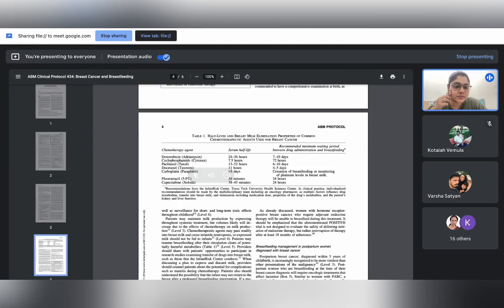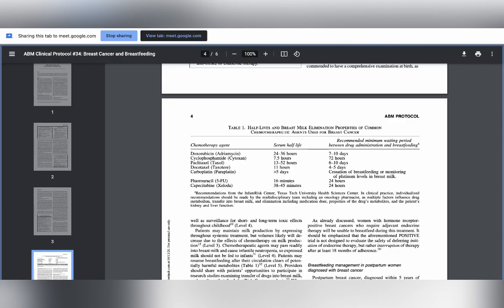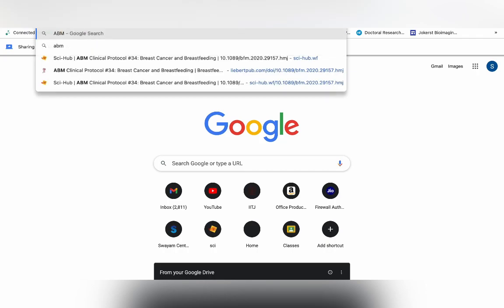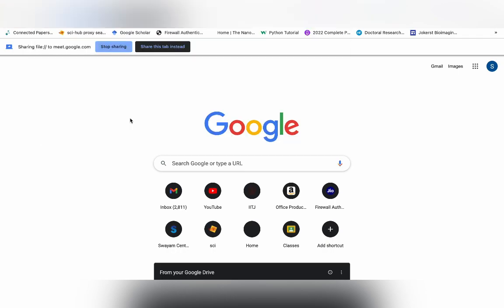A downloadable version, I am not sure whether I can share. If you can share the link, probably we can download it. Yeah, I'll just share the link with you all.